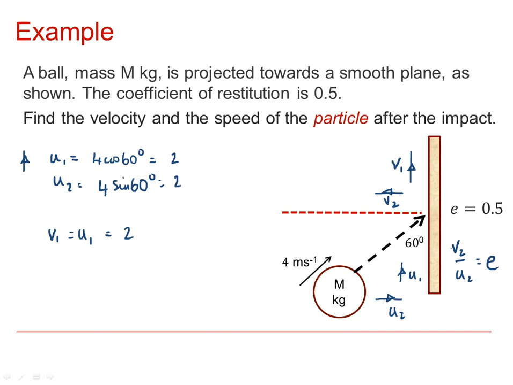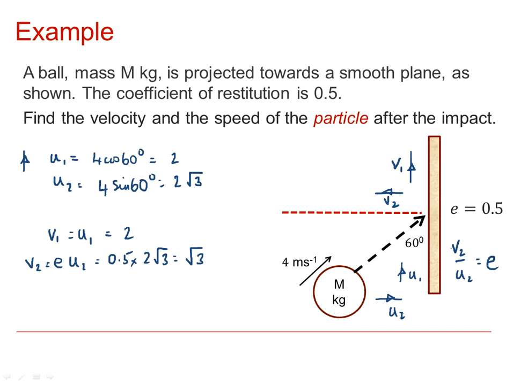Sine 60 is root 3 over 2, so 4 multiplied by that is 2 root 3. And we know that V2 is E multiplied by U2, so that's 0.5 multiplied by 2 root 3, which is equal to root 3.